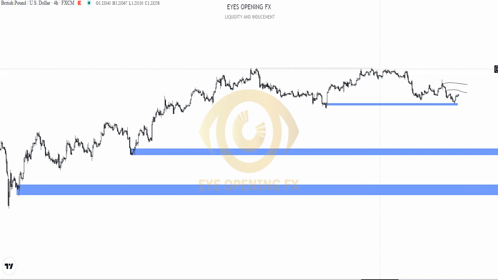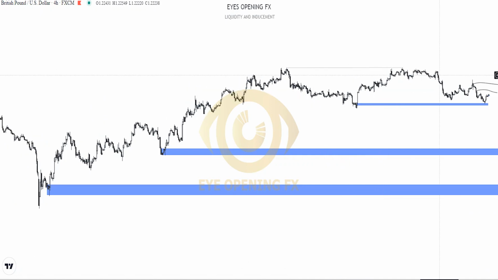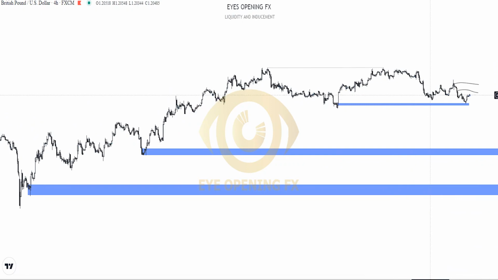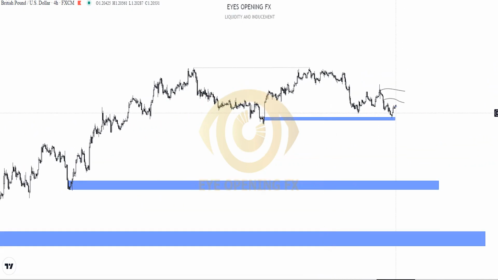Whenever the market hunts above a high like this, most times it tends to give a deep retracement. So since the market has already hunted that high, that's why it gave this deep sell movement right here.